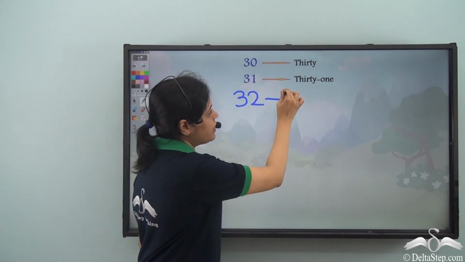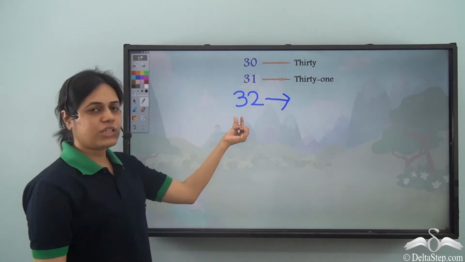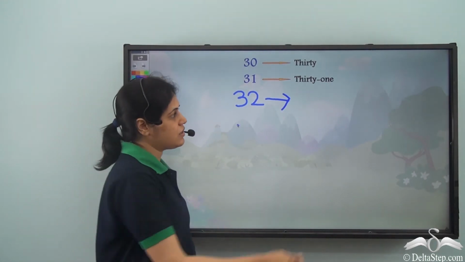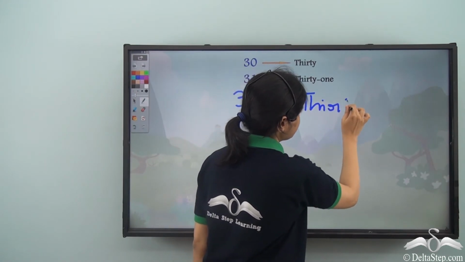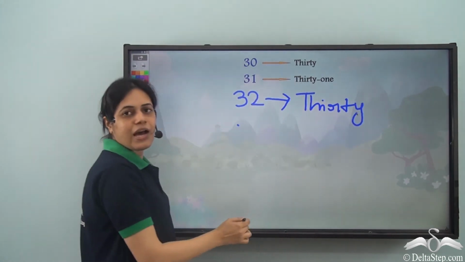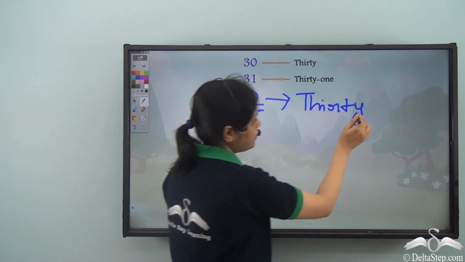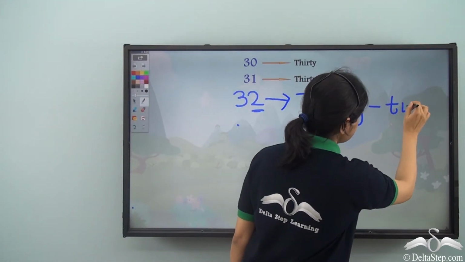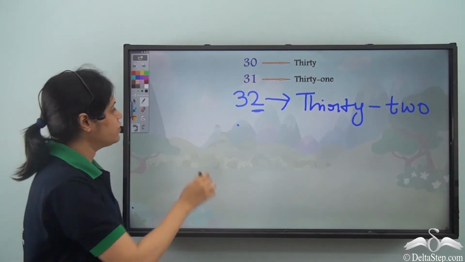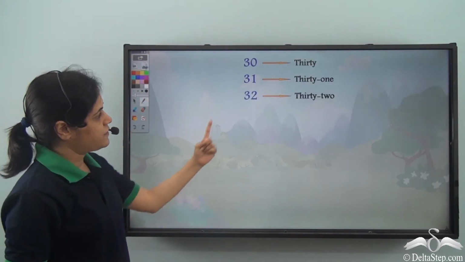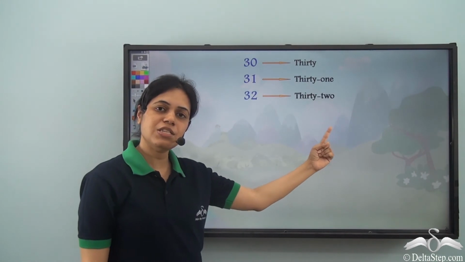What about the number name? From 3 we get the first part, which is thirty. And from 2 we get the second part, which is two. Thirty-two. So 3, 2 is 32.